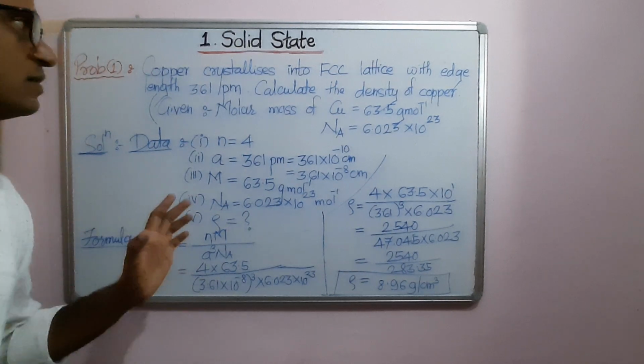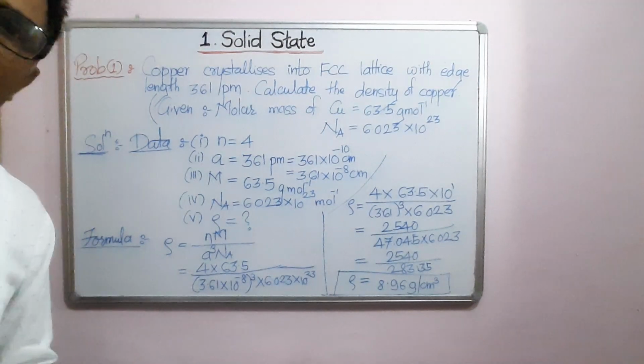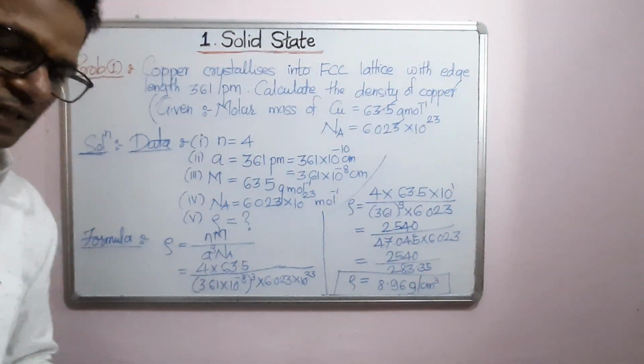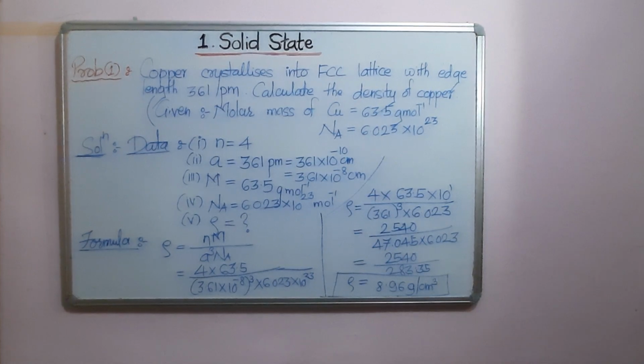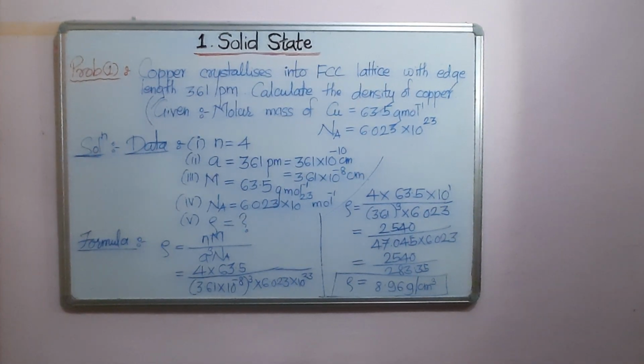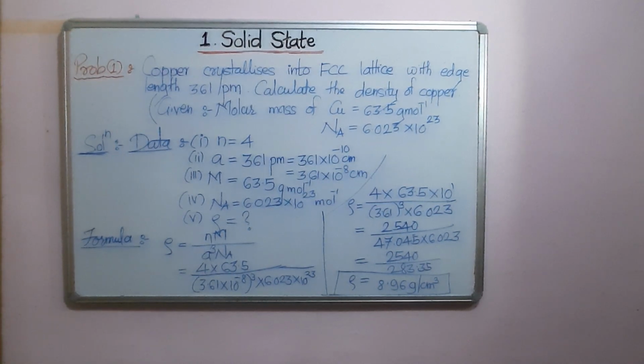So just take the screenshot and then we will solve the next problem on the basis of density of unit cell. I think you are getting this problem very clearly. Put in the proper things and take care of your unit conversions, otherwise the answer will be wrong.